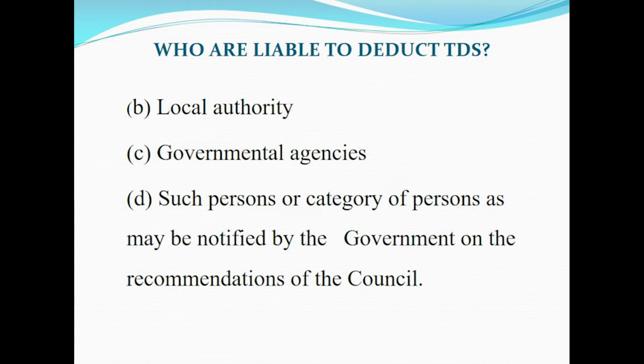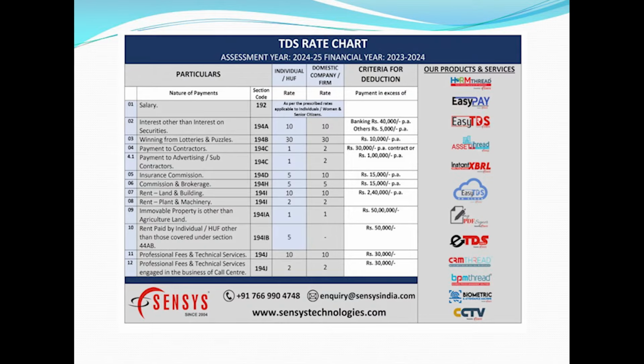So, these are the persons who are liable to deduct TDS. This particular slide talks about the TDS rate chart, how the TDS is deducted under various heads of income.